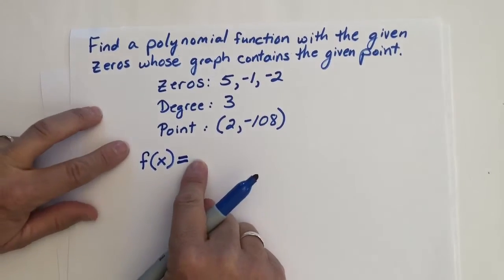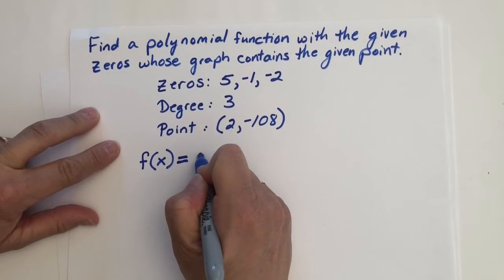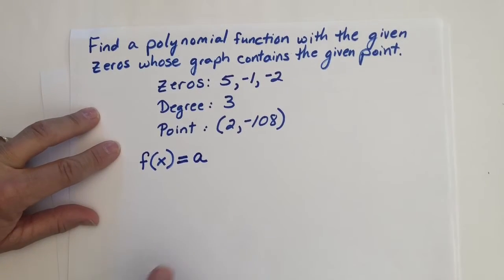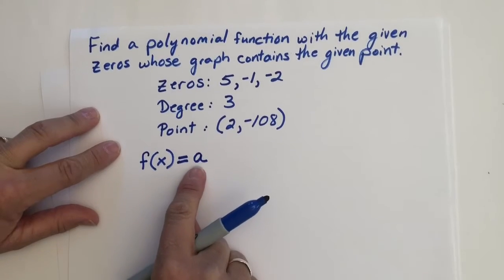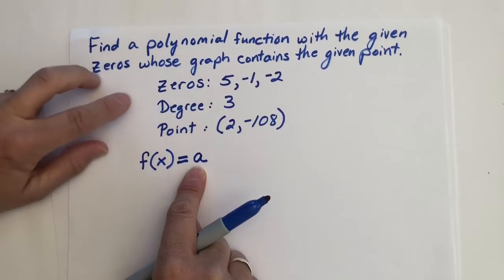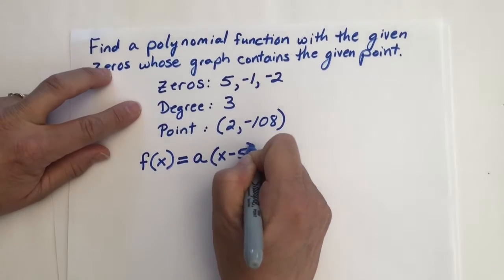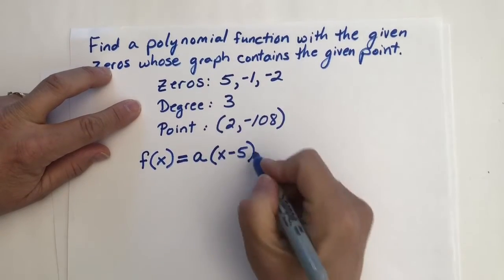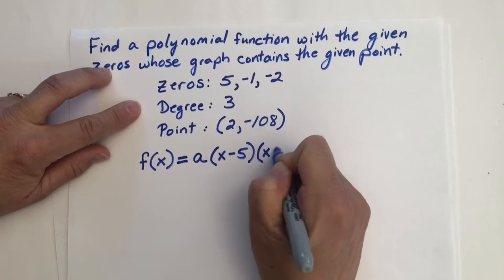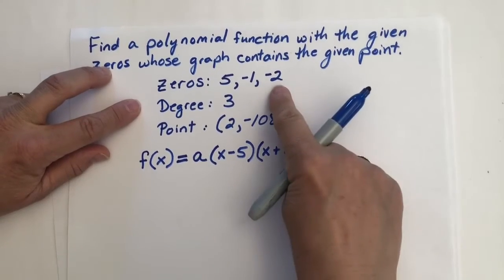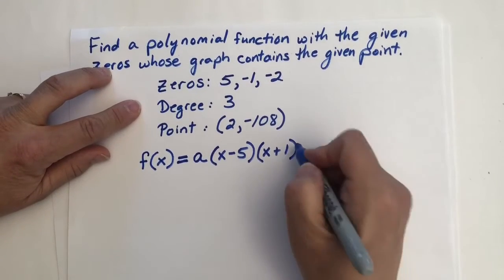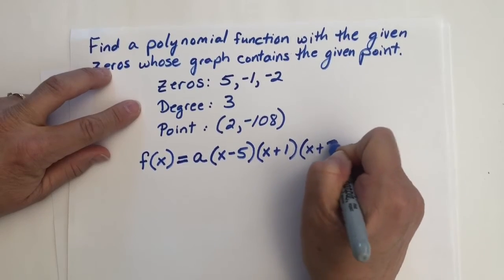But now we definitely don't know the leading coefficient, so I'm going to put this a in, and often people forget that. Now the zeros are 5, so that means x minus 5 is a factor. -1 is a 0, so x plus 1 is a factor. And -2 is a 0, so x plus 2 is a factor.